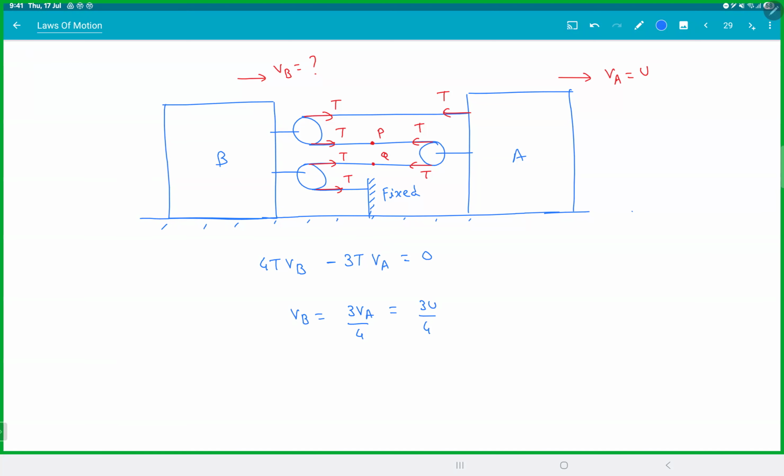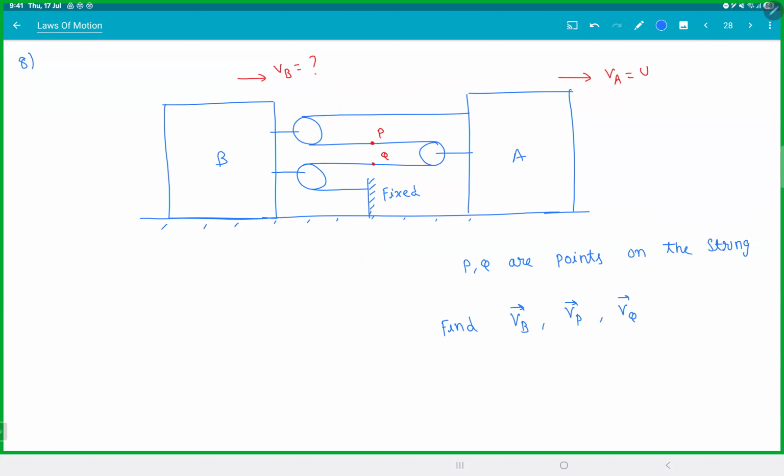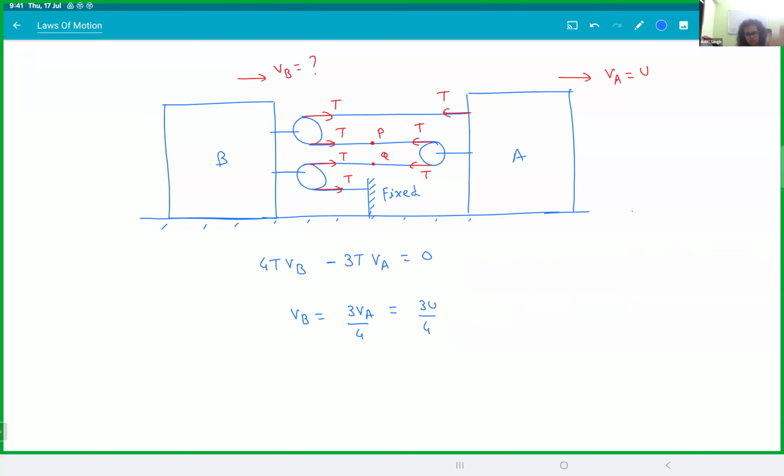Clear with this? How do you find for P and Q? Sir, the tension on the B block, like in the last string, which is attached to the fixed part, that only 2T, right? These two tensions only will act here.